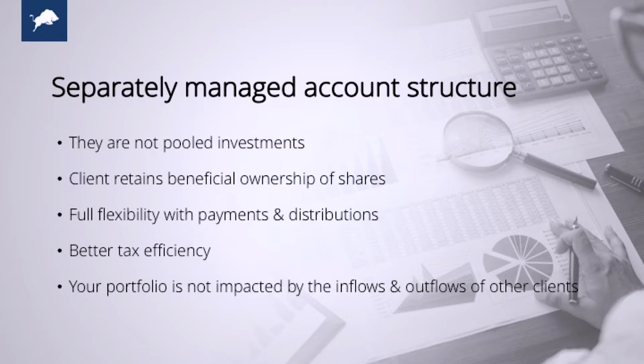Now, the real benefit to that is when it comes to taking income. These separately managed accounts have full flexibility for you when it comes to taking that income. You can choose to have the dividends and interest earned by your portfolio paid out to you on a monthly basis. As income comes into the portfolio, it'll be swept out to your account at the end of every single month.